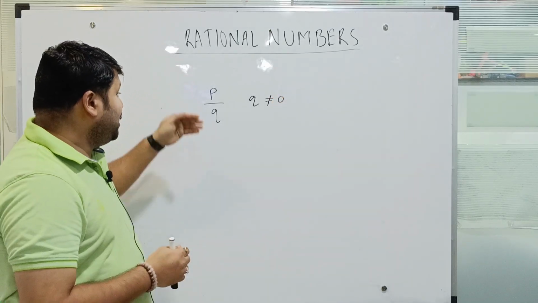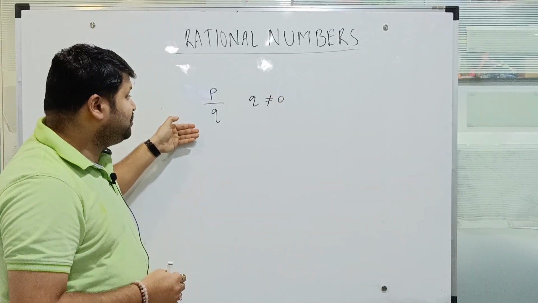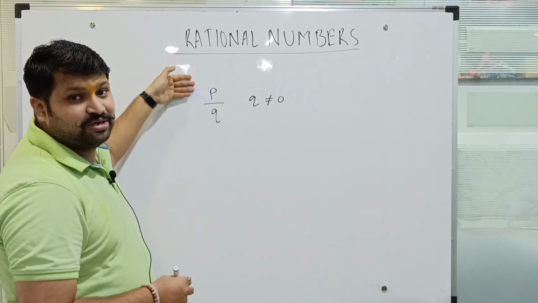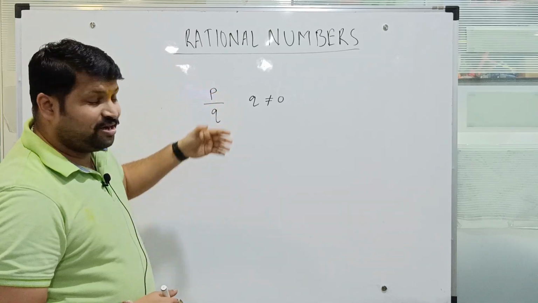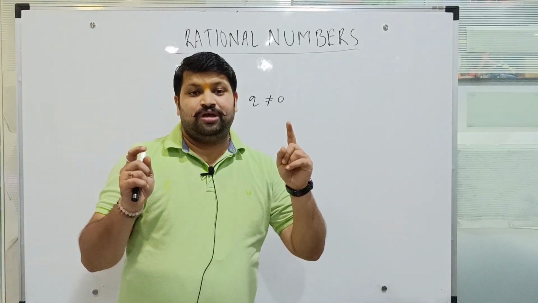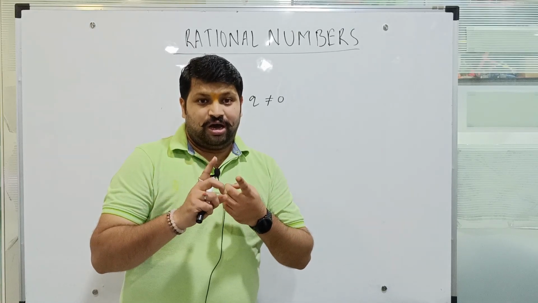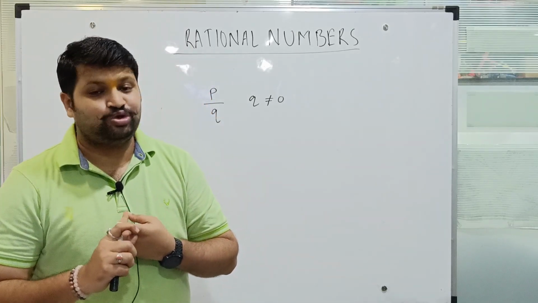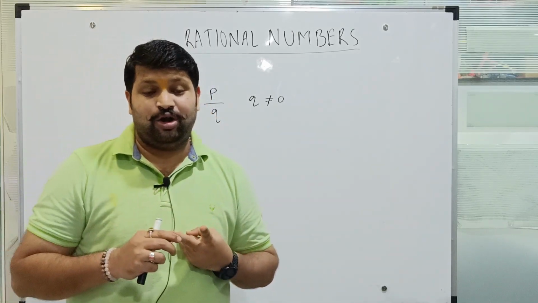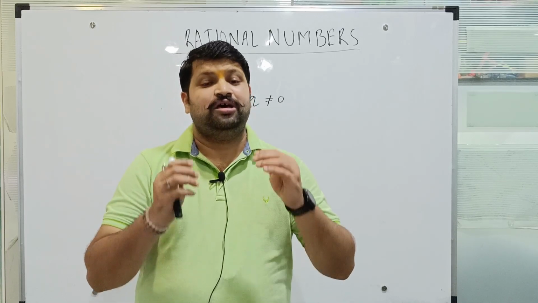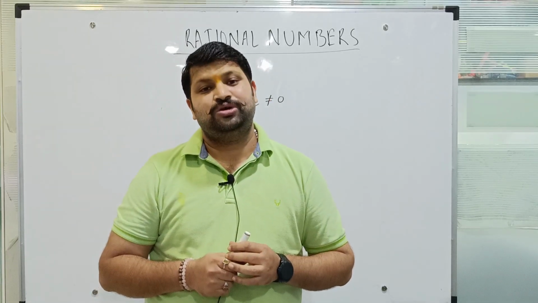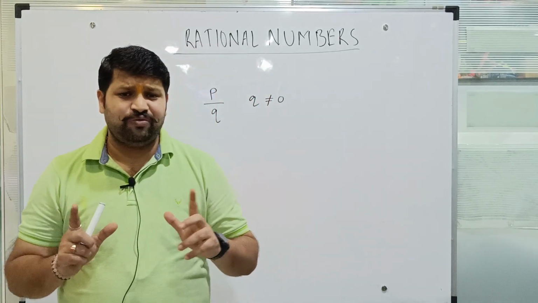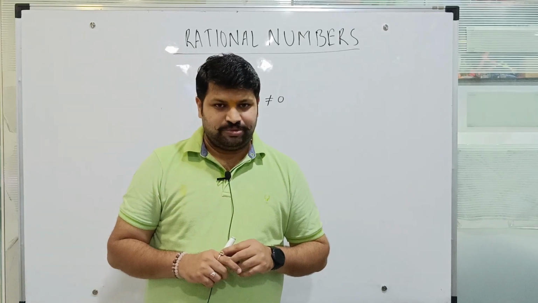The top part is numerator, the bottom part is denominator, and the denominator can't be 0. Rational numbers are written in the form of P upon Q, so we include all the fractions and all the decimals, and the denominator is not equal to 0. We call such a number a rational number.